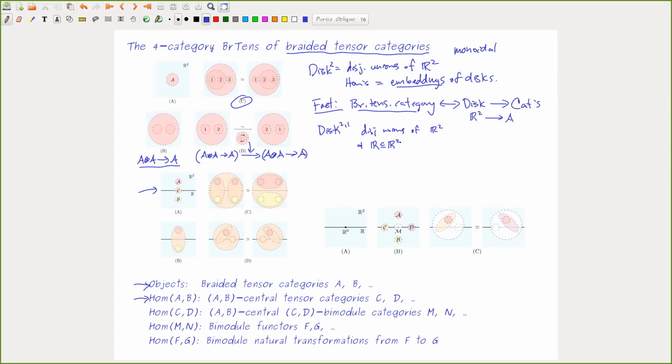And once again we consider embeddings of these sorts of things. But now we have this stratification. We have this one-dimensional defect, and our embeddings have to preserve that. So in fact, here we said there are 3 different types of disks. And let me just go ahead and say that what we're going to be interested in is functors from disk 2,1 into cat.